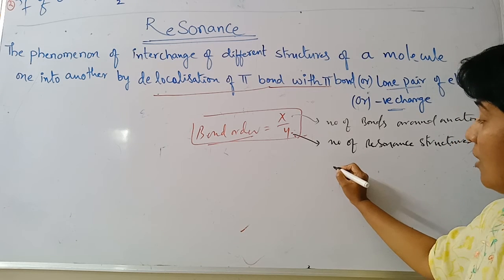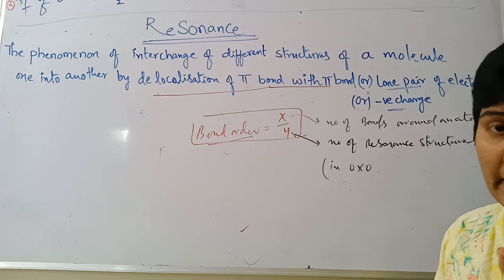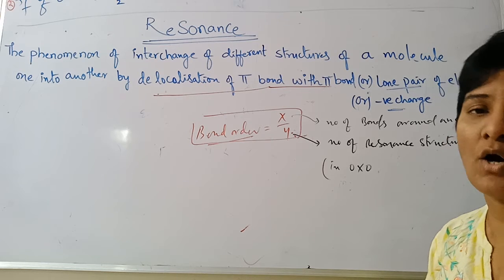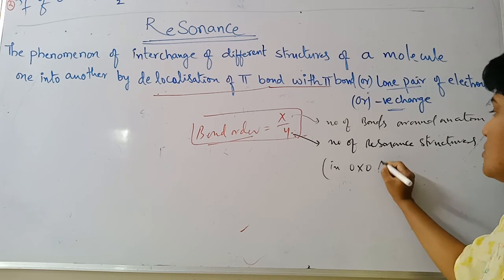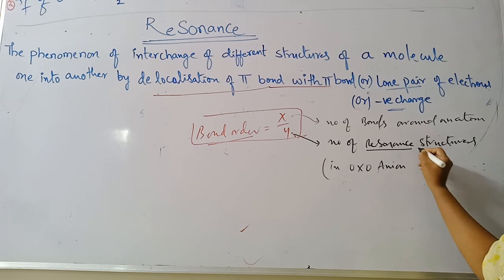But if it is oxo anions, meaning negatively charged species, we know that anions, if they have oxygen, are called oxo anions. So in oxo anions, you can take the number of oxygen atoms instead of resonance structures.